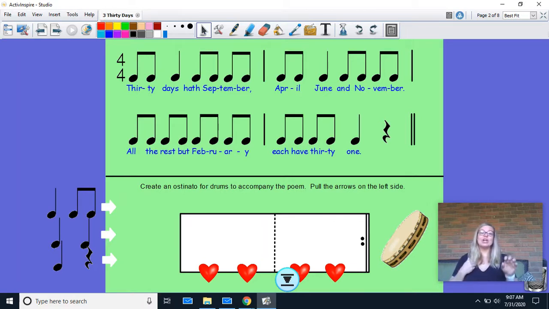My turn. All the rest but February each have 31. Go. My turn. 30 days hath September, April, June, and November. All the rest but February each have 31.